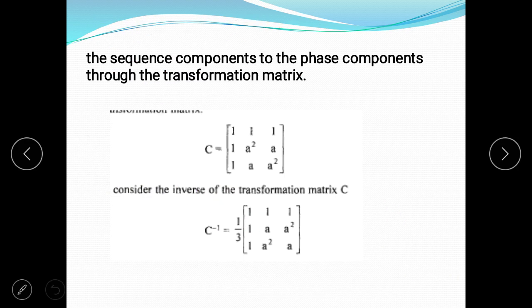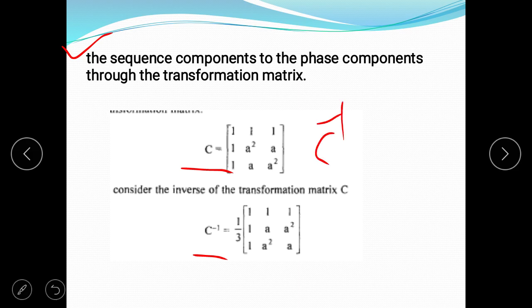Now in the second concept we write sequence components in terms of phase components. So to find sequence components in terms of phase components, first we take the inverse of matrix C. Matrix C is 1 1 1, 1 a square a, 1 a a square. So its inverse is C inverse.